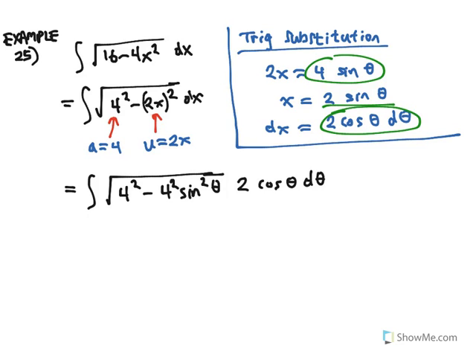So we have changed variables from x to theta using our trig substitution. We'd like to simplify, and we'd like to try to eliminate the radical expression.